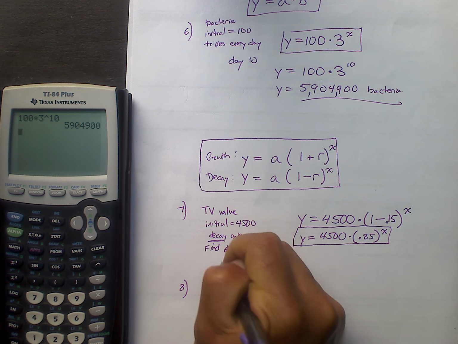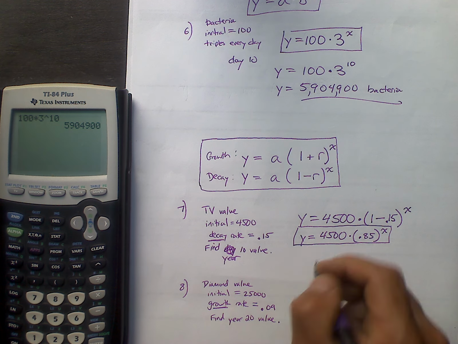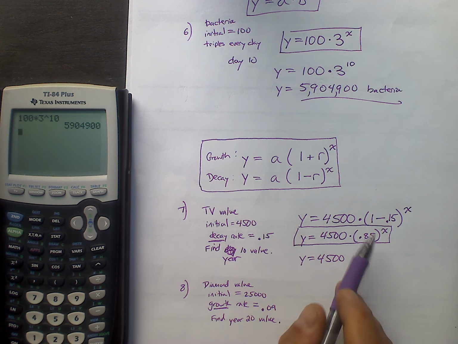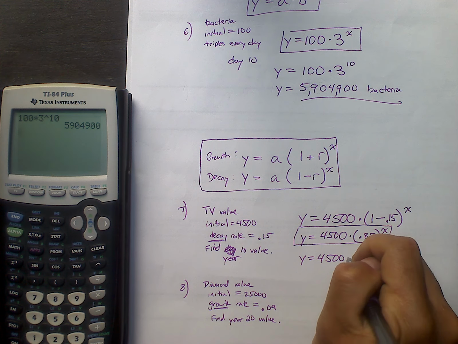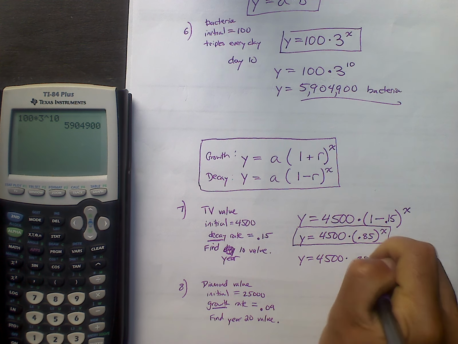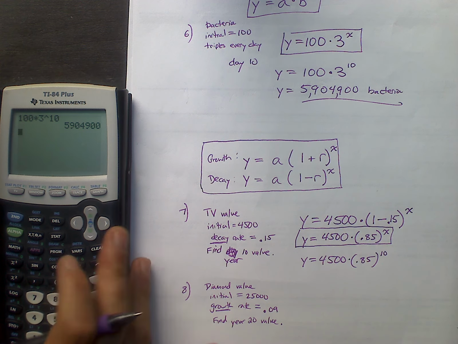Sorry, I labeled this wrong. It's kind of throwing me off. So if you want to know what the value is going to be at year 10, just simply do what we did in the last problem, now that we did 1 minus r. 4,500 times 0.85 raised to the 10th power.